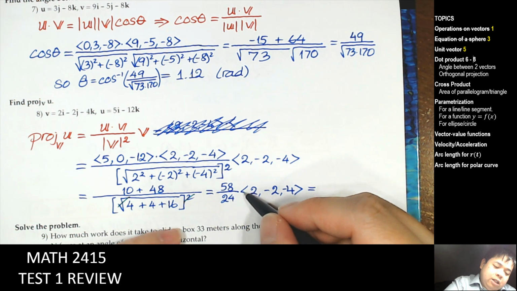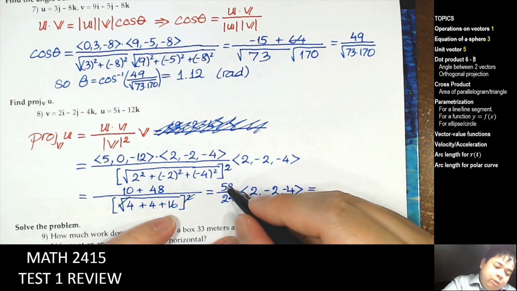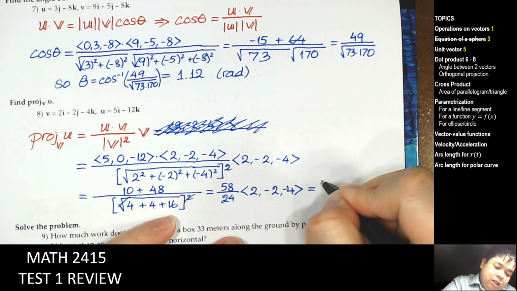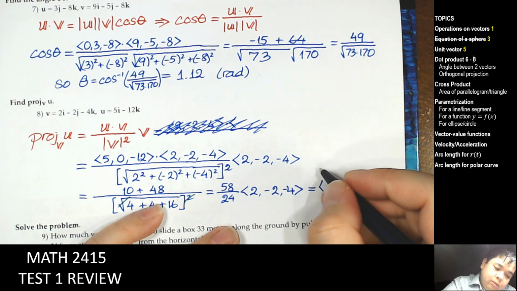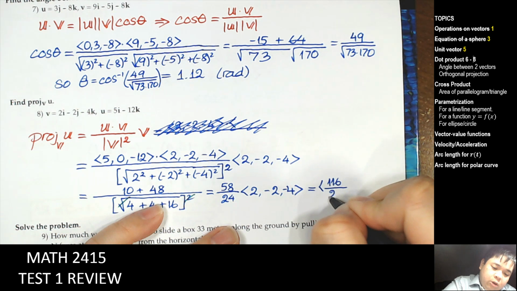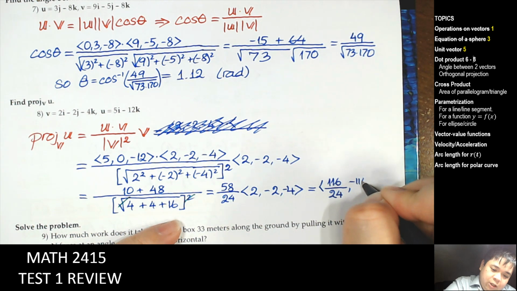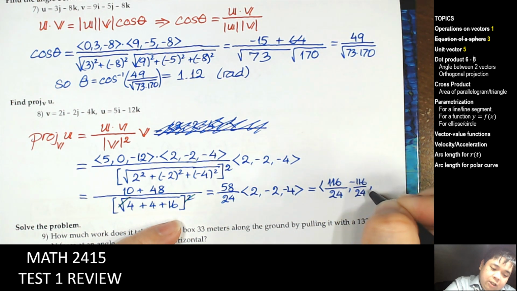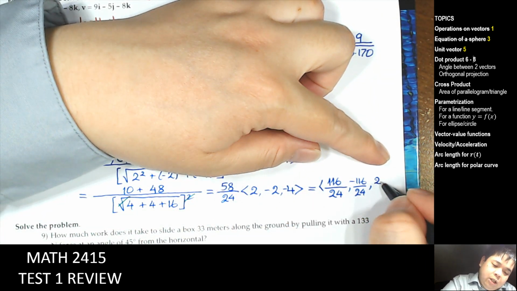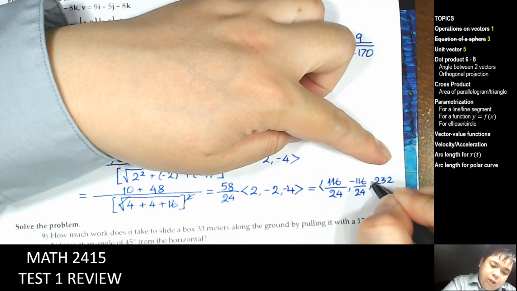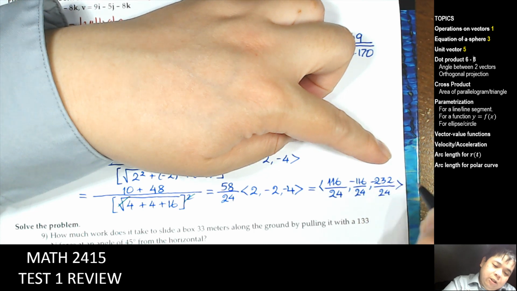So 58 times 2 divided by 24. So 58 times 2, 116 over 24. -116 over 24. And 2, 232 negative over 24. Right.